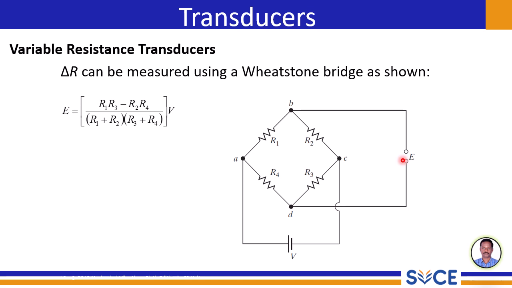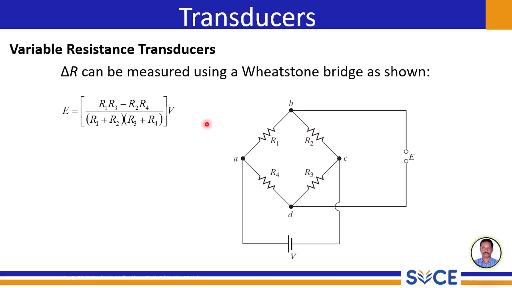In a typical application with a strain gauge, one or more of these resistors in the bridge would be the strain gauge itself. That is, from here we are connecting to the strain gauge. When the strain gauge resistance changes due to an applied strain, it causes an imbalance in this Wheatstone bridge.